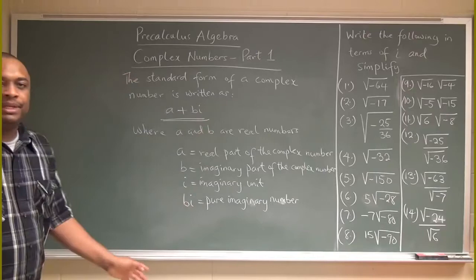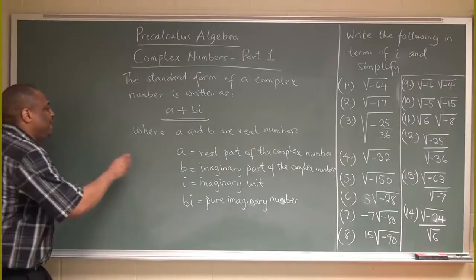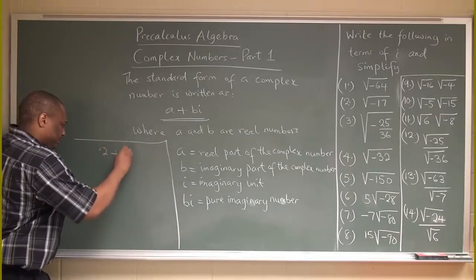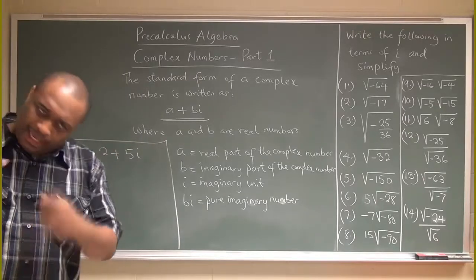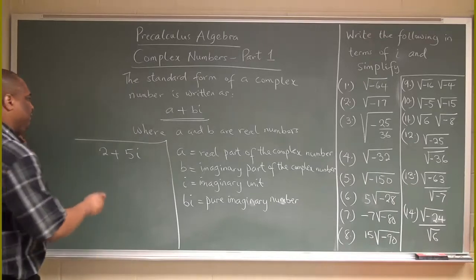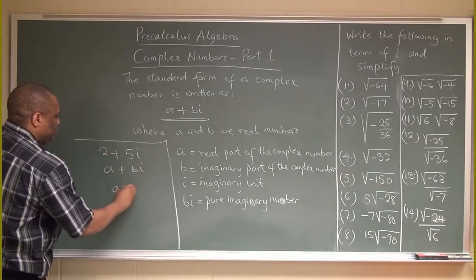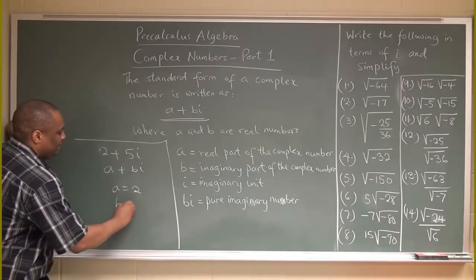So let's look at some examples. If I have something like 2 plus 5i, you see that if you compare it with A plus BI, A is 2, and then B is 5.